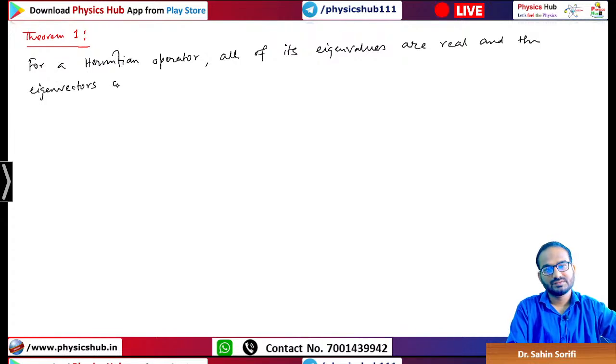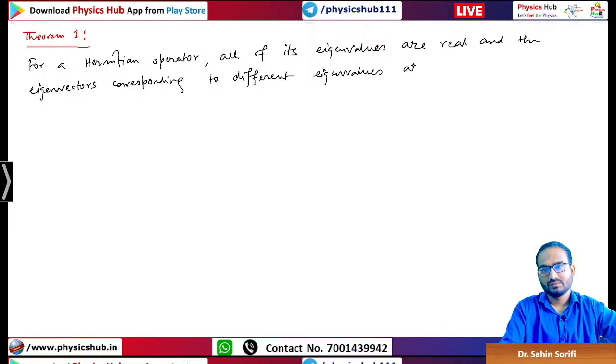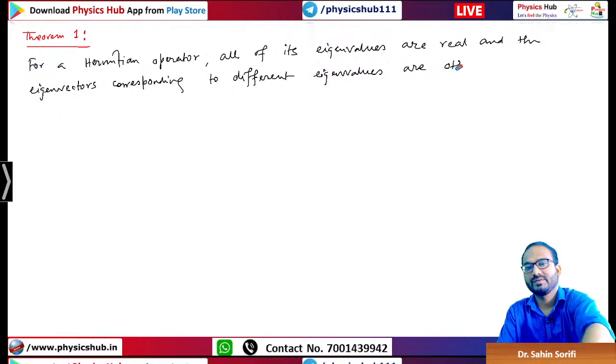The eigenvectors corresponding to different eigenvalues are orthogonal. This one we know from the matrix mechanics also.